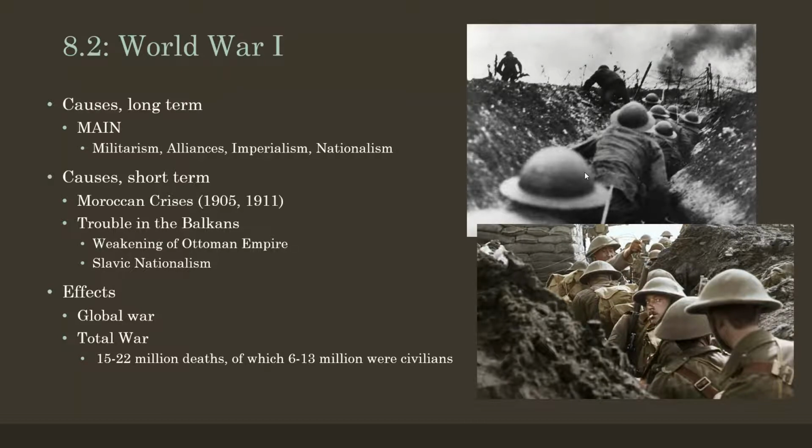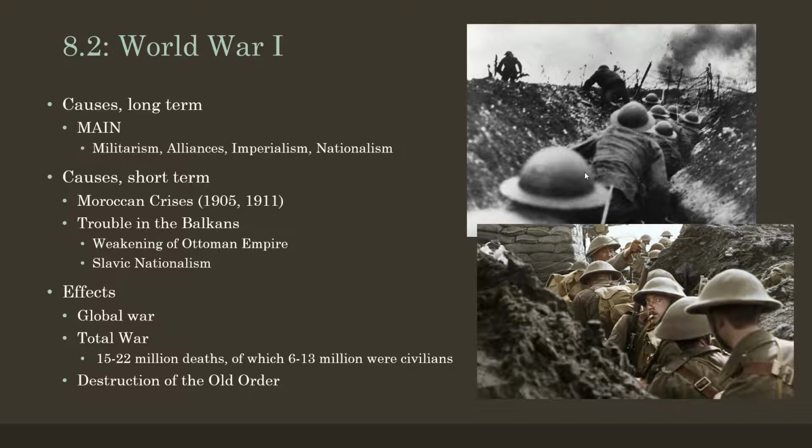And so they just throw men at these defensive technologies, things like machine guns, things like artillery, things like trenches and barbed wire. And so we see these multi-month long sieges and battles like the Battle of the Somme and Verdun and the Gallipoli campaign that result in hundreds of thousands of casualties. It's, like I said, it's catastrophic.